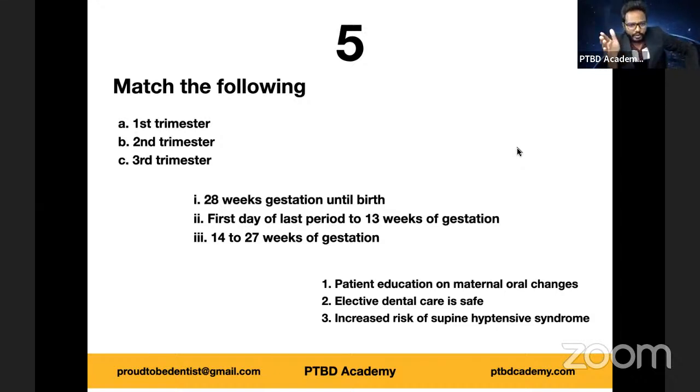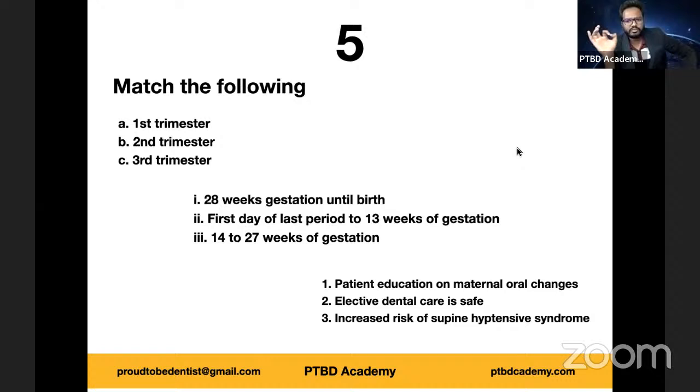So you have the following options. So let's go through each one of them. For first trimester, as you can see in second column, it matches with the second option, A2. That is the first day of last menstrual period to 13 weeks, 6 days of gestation, okay? So A matches with 2, which matches with, in the third column, the first one.